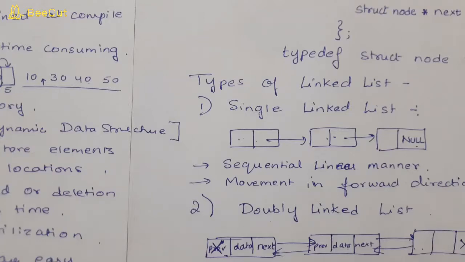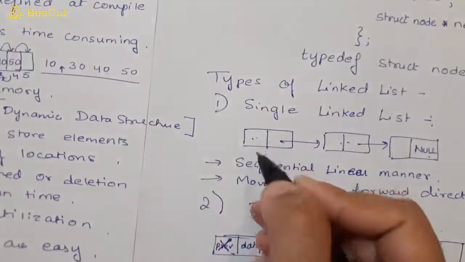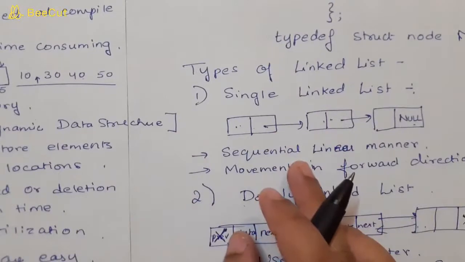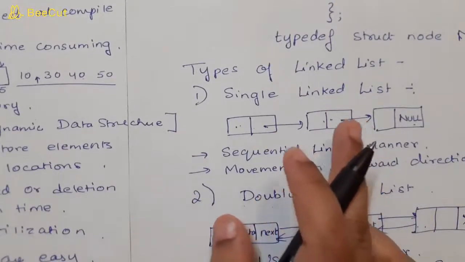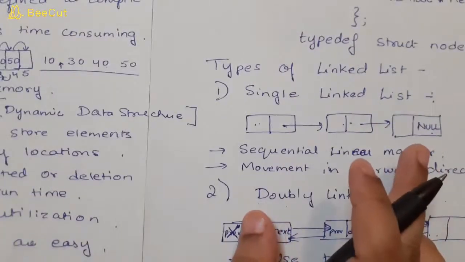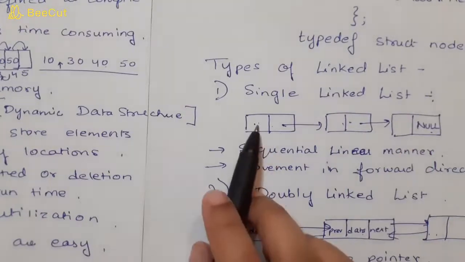That will be through head. Head basically we use in order to access any particular node. Let's take the example of a single linked list. Now here, if I want to access any node in the linked list, I need to start from the beginning.